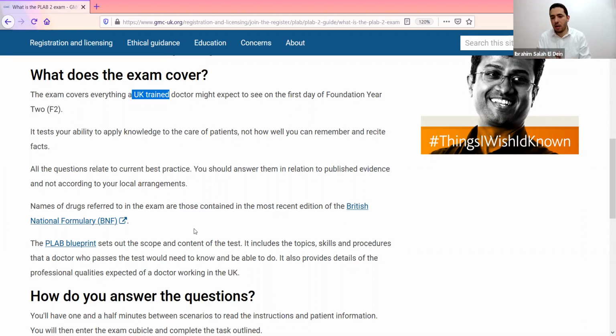Just excuse the patient, open the book and search for the drug you need. We will come to this later. You don't need to open the BNF in each station. I will tell you some information that will make it easy for you to deal with this. Okay, so this is the information that will be covered in the exam.